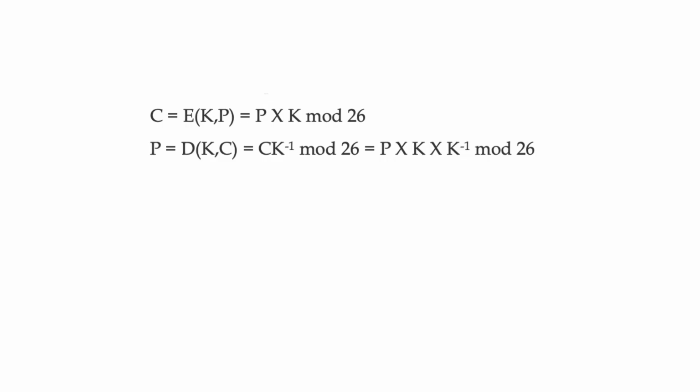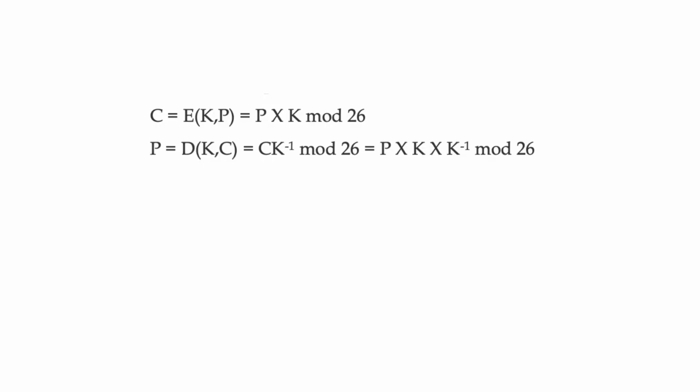This can be expressed as C = E(K, P) = P × K mod 26, and P = D(K, C) = C × K^-1 mod 26, which is equal to P × K^-1 mod 26.